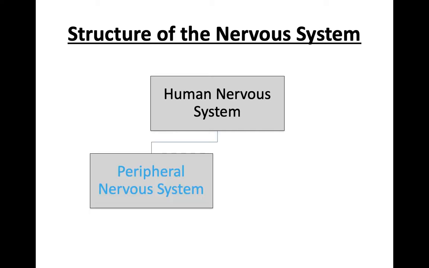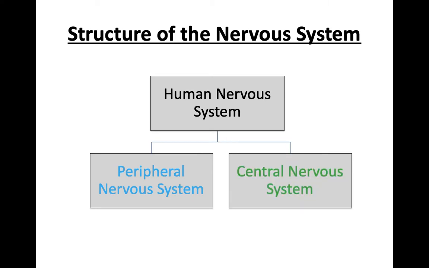So the nervous system is divided into two parts, a central and a peripheral nervous system, and the two heavily interact with one another. So the peripheral nervous system controls voluntary as well as non-voluntary behaviors using cranial as well as spinal nerves. It's the central nervous system that is primarily responsible for processing sensory information and then sending out electrochemical signals out to the peripheral nervous system for action.